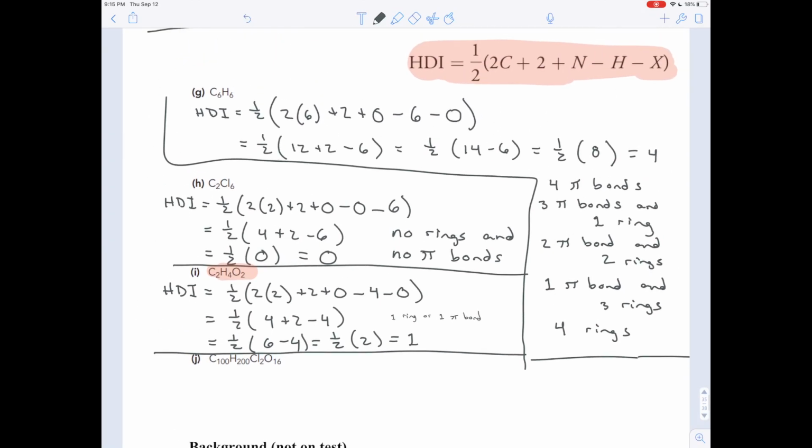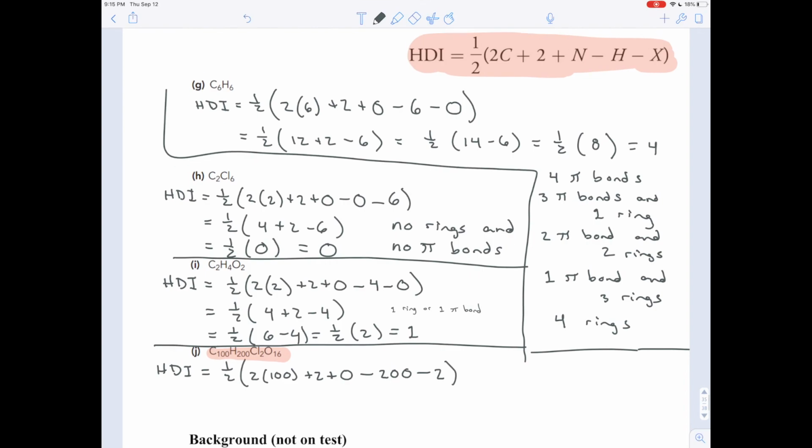Okay, last but not least, we'll go out with a bang. Let's find the hydrogen deficiency index of this crazy thing. So here, we can figure out exactly how many rings or pi bonds are in that by taking 1/2 times 2 times the number of carbons. Here we have 100 carbons, plus 2, plus the number of nitrogens, we don't have any nitrogens, minus the number of hydrogens, we have 200 hydrogens, minus the number of halogens, we have 2 chlorines.